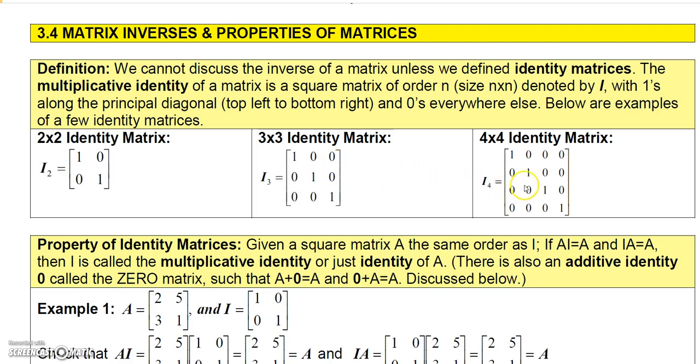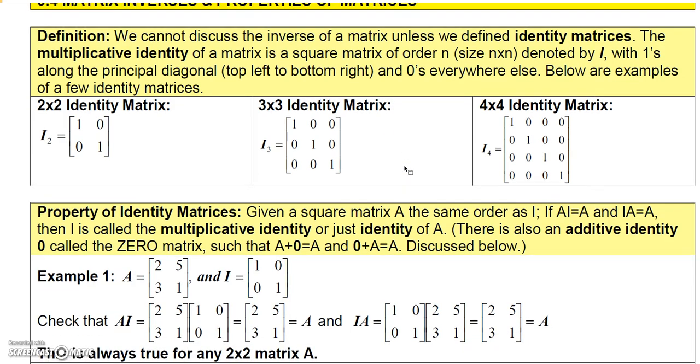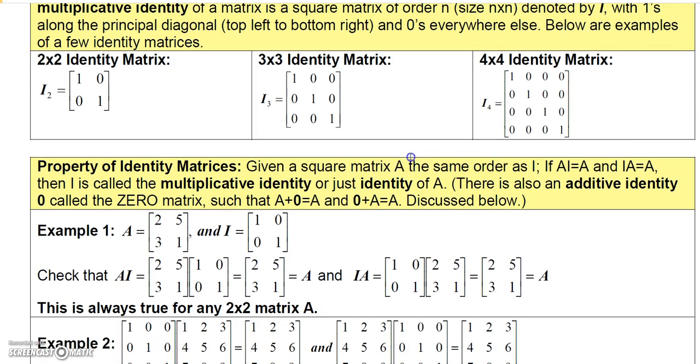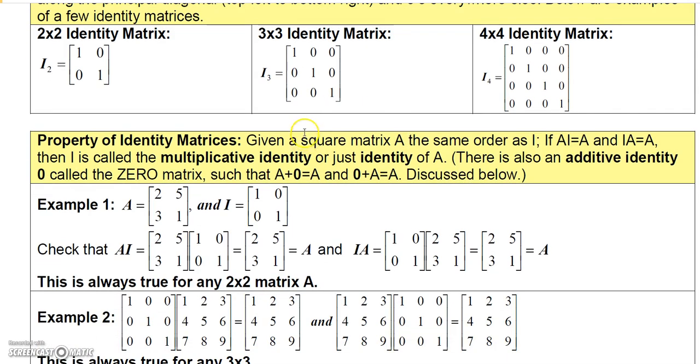And a 4 by 4 identity matrix would look like this. Again, 1s down the diagonal from the top left to the bottom right, and 0s everywhere else, and so on. I could show you larger 5 by 5, 10 by 10, and so forth, but basically that's what an identity matrix will look like.